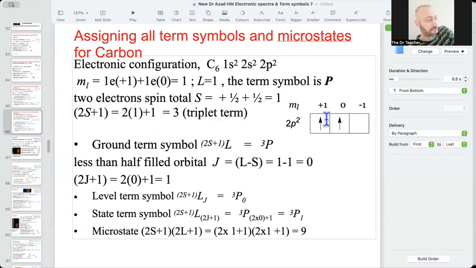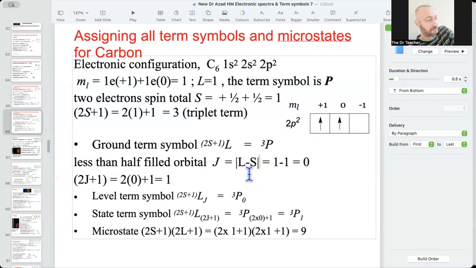Because it is less than half filled. What does less than half filled mean? The p orbital is filled with 6 electrons. If half, it will be 3, but we have 2 electrons. That means less than half filled. If less than half filled, we count J again, which should be an integer, because any number that comes out should be in plus.